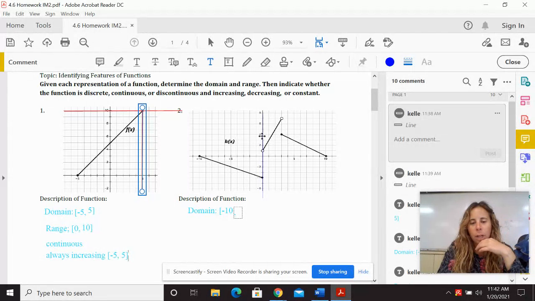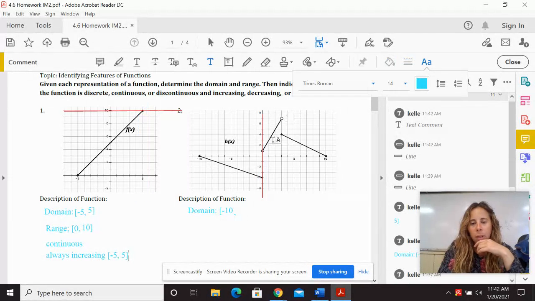Because there's a hole there, right? At x equals 0, there's a hole, but this one is filled in. So it's taken care of. Even though there's a hole, it's filled in right here. So x is still good, so we're still good with our domain.